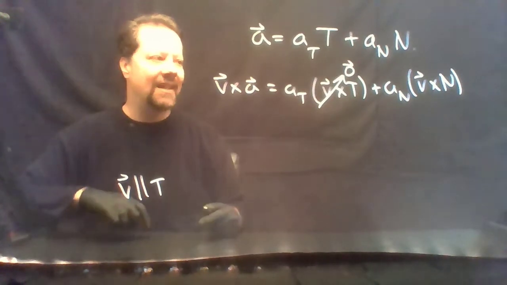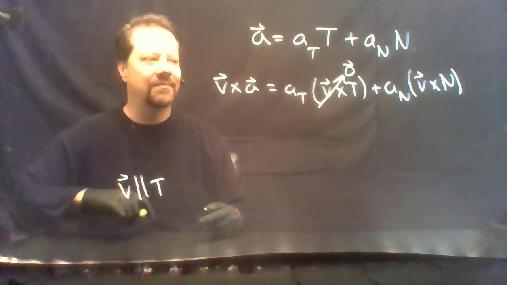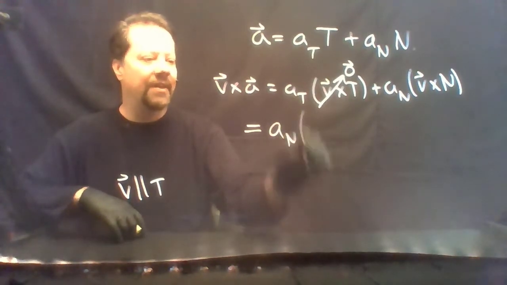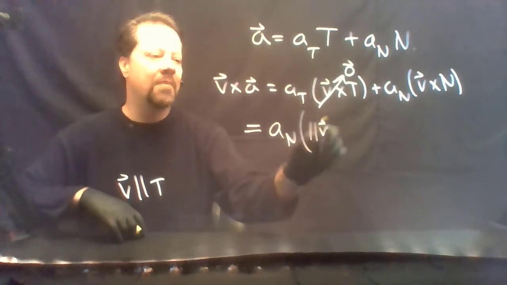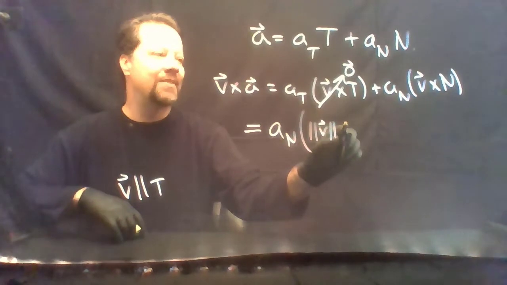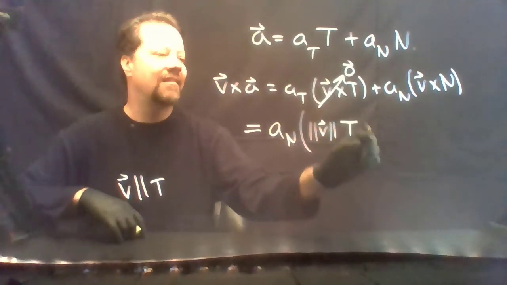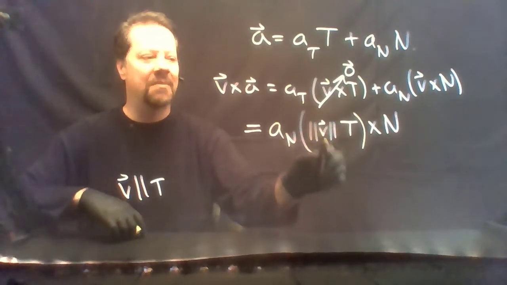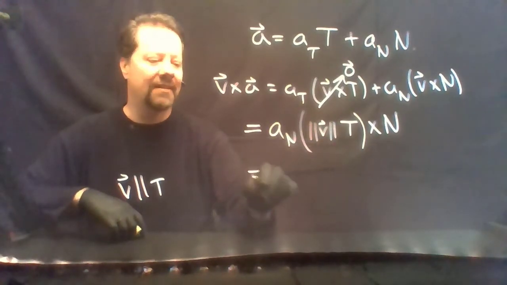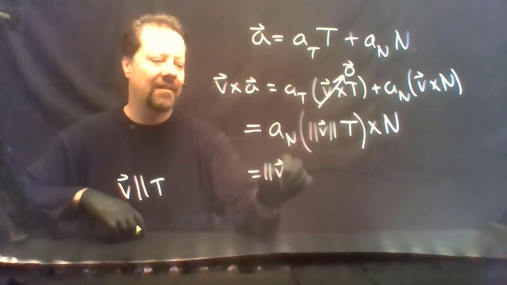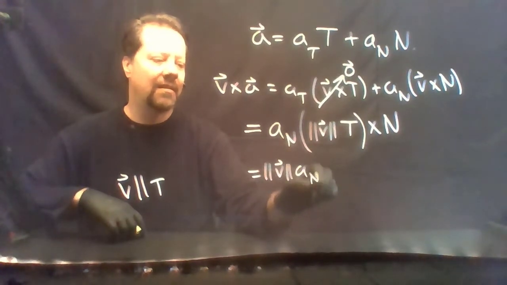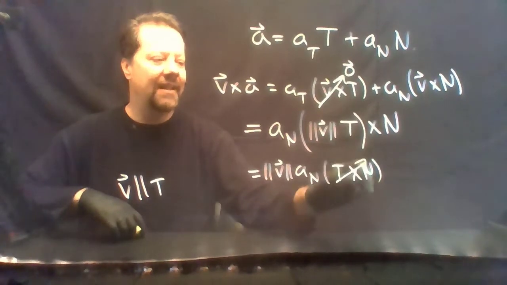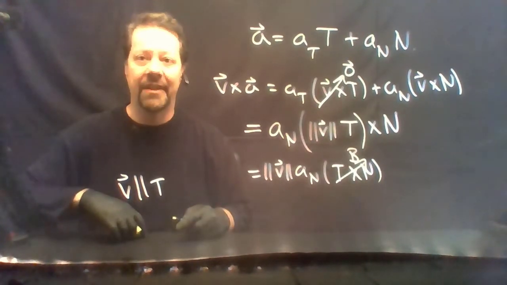But keep in mind what that's equal to. We can think of that as the normal component times the norm of V times T cross N, where this norm of V can come out of the cross product. Now T cross N is the binormal by definition.